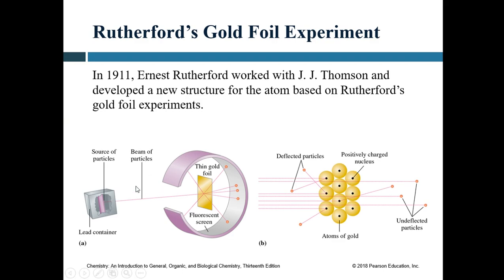So they assumed that when they shot it, all of the particles would just come back. Since gold is dense, the particles would just shoot straight back. Much to their surprise, the particles went straight through and were only slightly deflected. A few came straight back.